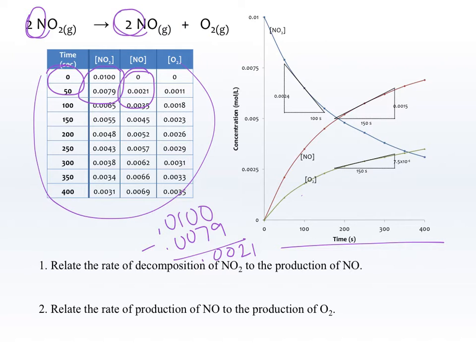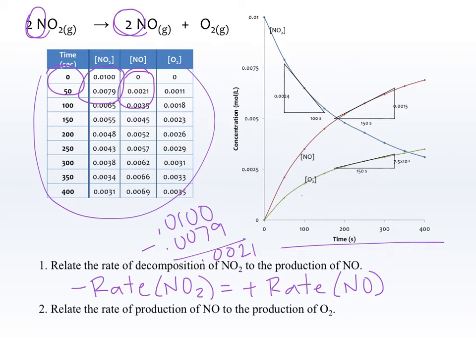So you can state that in that particular sentence, NO is produced just as fast as NO2 is decomposed, or you can say negative rate of NO2 is equal to the positive rate of NO, meaning that the rate of NO2 decomposed is equal and opposite to the rate of NO being produced.